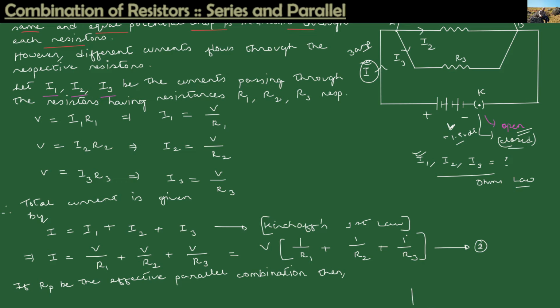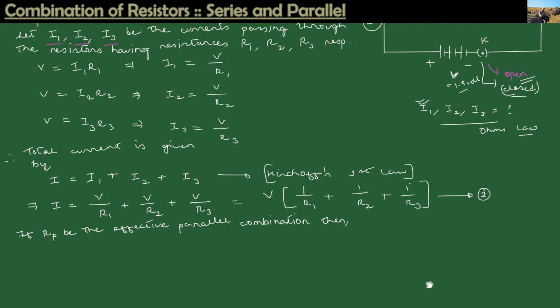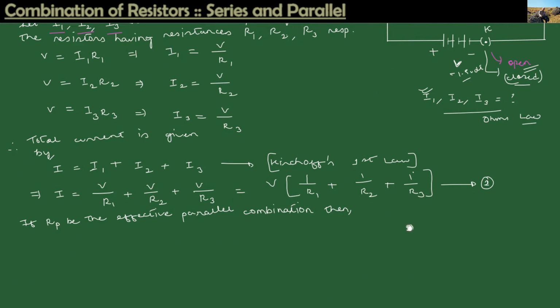Equation number 2. Then from here, since all those three resistors are connected in parallel, let Rp be the effective parallel combination. If Rp is the effective parallel combination, which means that the voltage V will be I Rp.